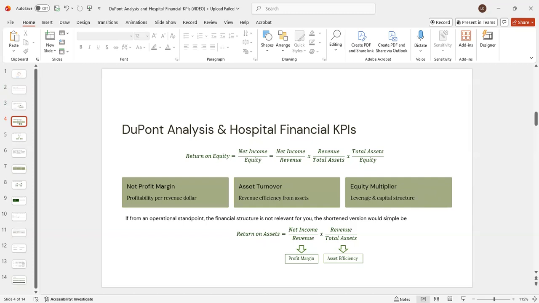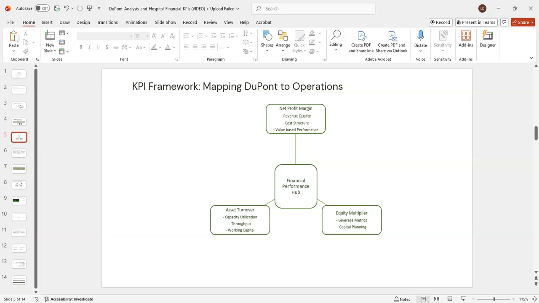Okay. Now that brings us to an important point about DuPont equations. Yes, on the one hand, we have identified the three components, but if you notice, all of these components are financial measures. Finance is not how you manage an organization.